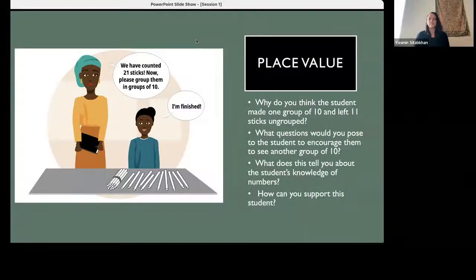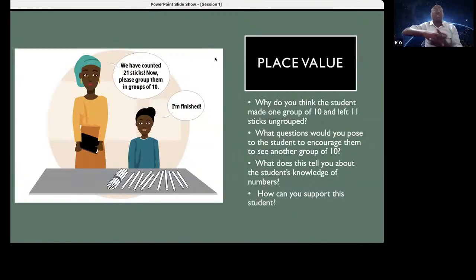I want to build on what the earlier speakers have observed, that really the learner doesn't grasp that concept of the total number.